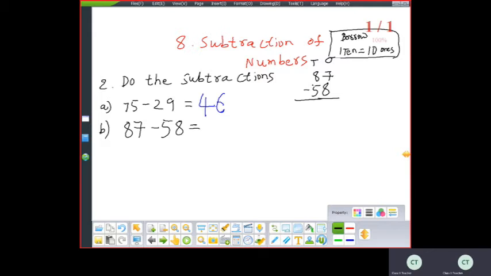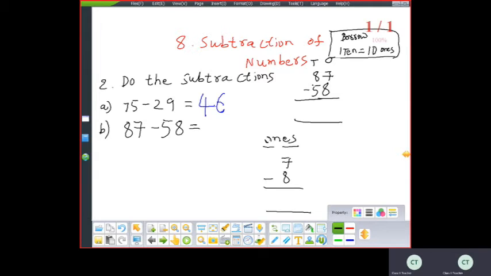Now subtraction is possible. First subtraction on 1. From ones place the digits are 7, 8. 7 minus 8. Here 8 is bigger than 7. We cannot take 8 from 7.